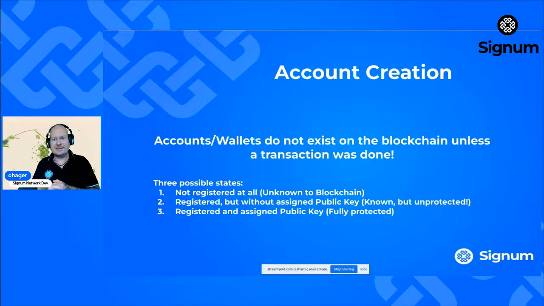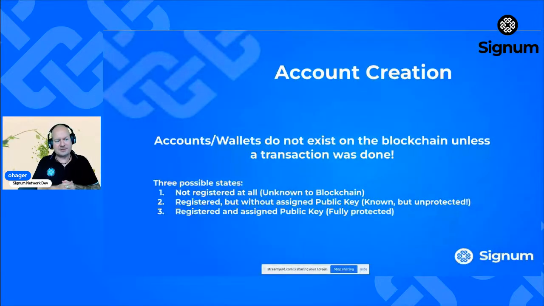So I do not exist in the network yet because I haven't done any transaction. If you go to the Explorer right after you created your account and look for your account ID, you won't find anything. It will say account not found. This can be confusing for newcomers because they thought, hey, I'm there, I just created my account. No, it needs a little bit more. It needs to be registered.